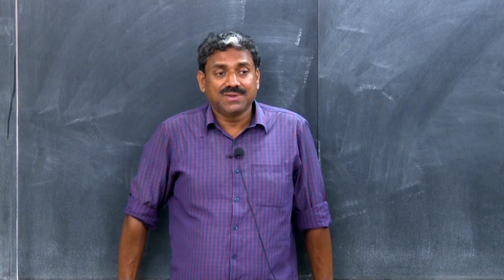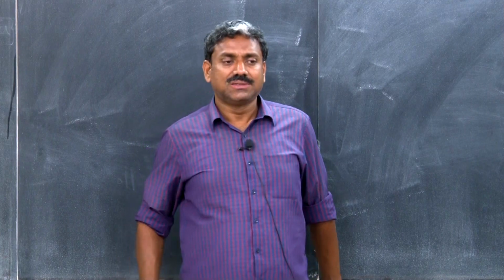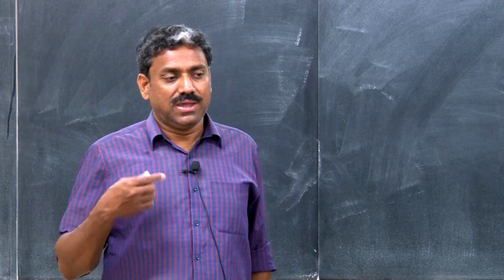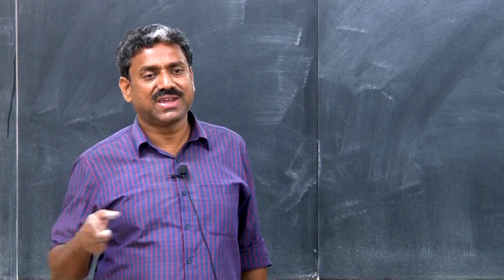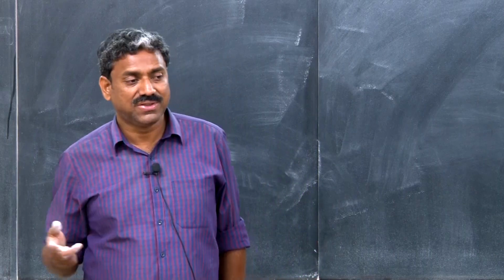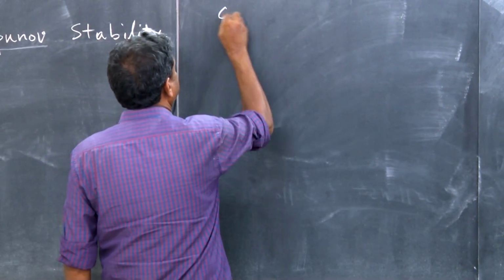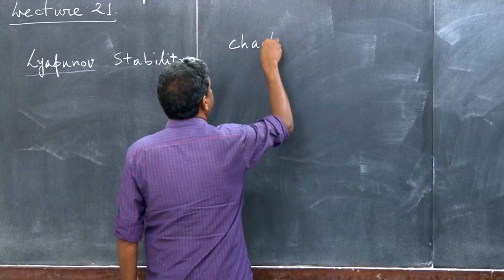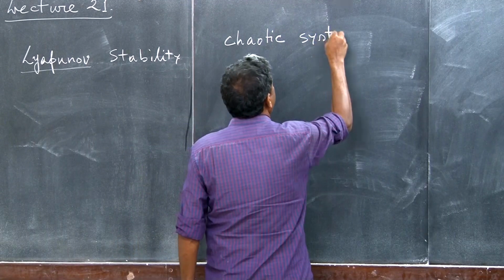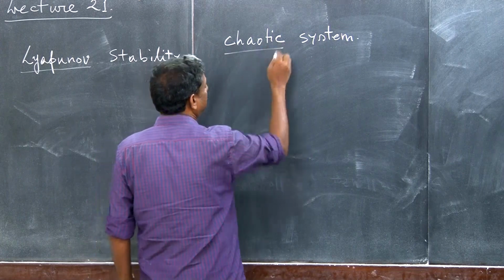But if the system has some kind of non-linearity, then sometimes you can have a perfectly deterministic excitation but an apparently random response. This kind of behavior is called a chaotic system. So, I will show you a chaotic system example.